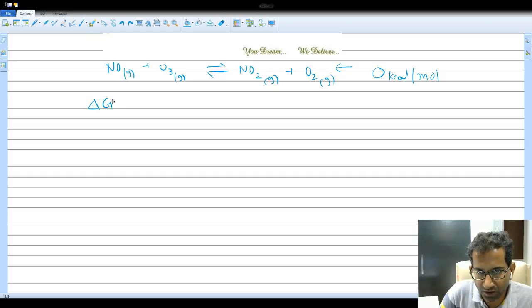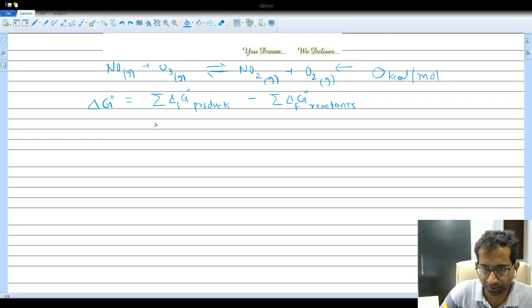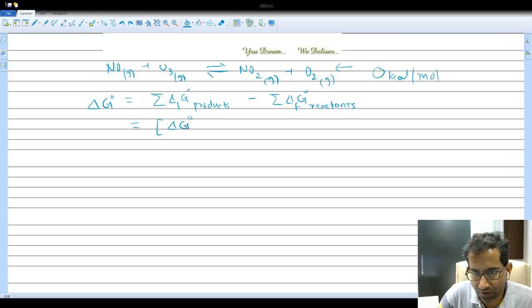Okay, delta G0 equals sigma delta G0F of products minus sigma delta G0F of reactants, equal to delta G0F of NO2 plus delta G0F of O2 minus delta G0F of NO plus delta G0F of O3.